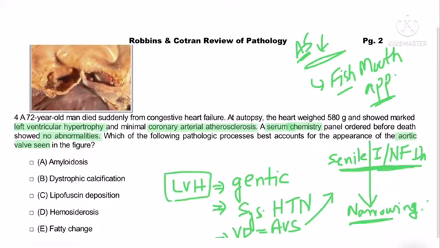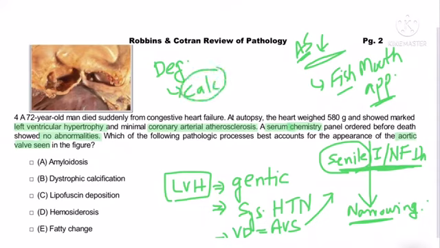Now, in case of senile changes, there is no infection. In that condition, there will be destruction and degeneration of the valve leaflets. Because of that, there will be calcium deposition on the valve.